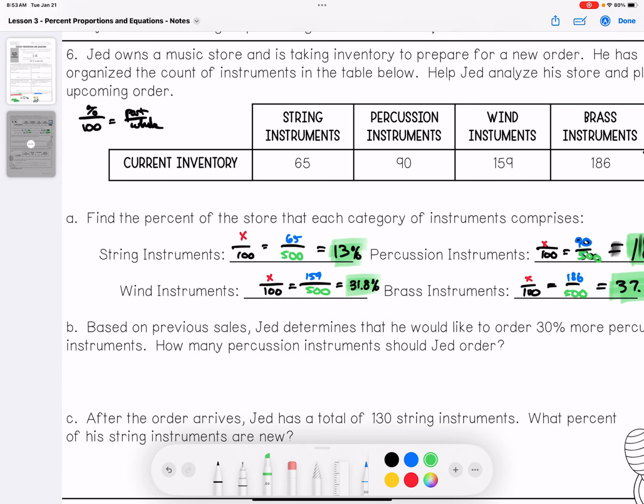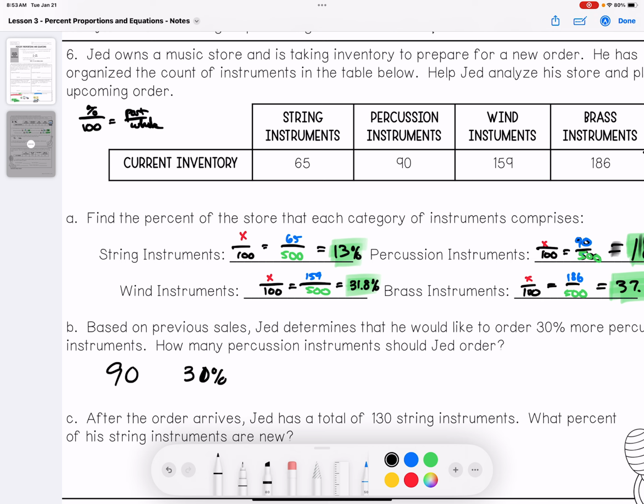How many percussion instruments does he have? He already has 90. I want to know 30% of 90 because he wants to order 30% more.